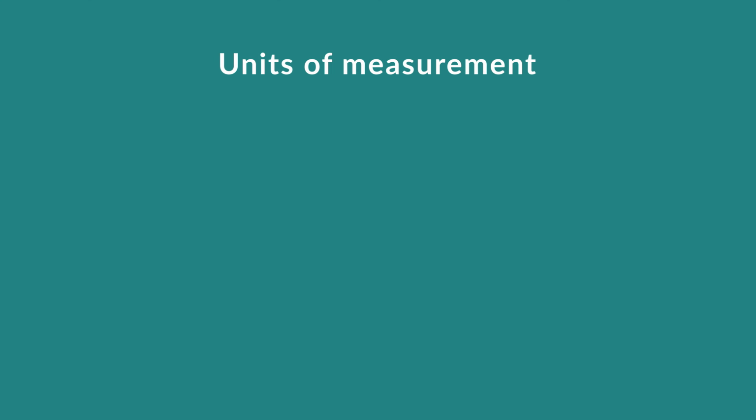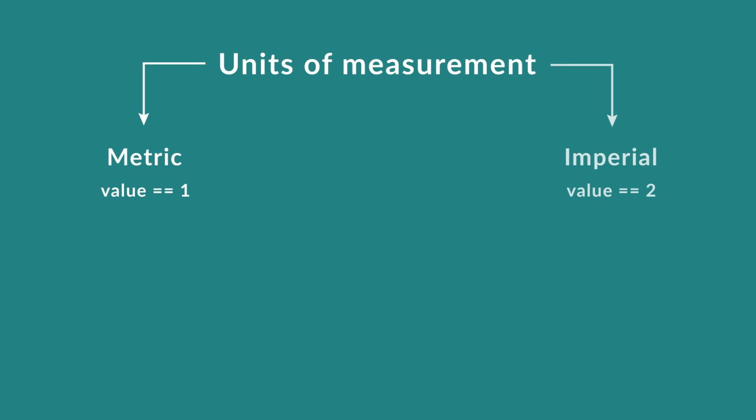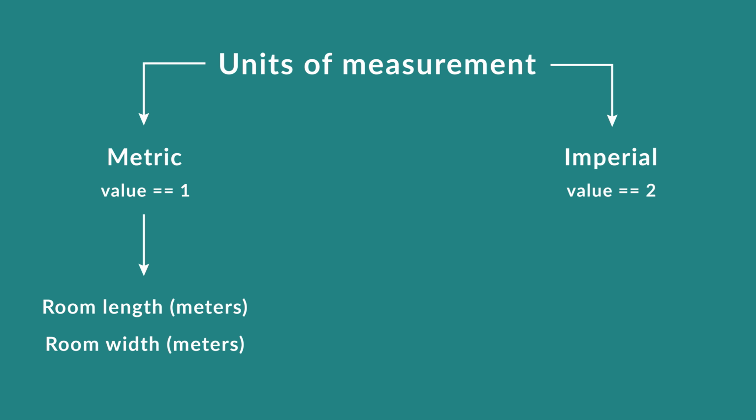Our units of measurement element has two options, metric, value 1, and imperial, value 2. When a customer selects metric, two elements should appear: room length and width input fields in meters. In simple terms, the input fields for meters will be visible only when the radio box element value is 1.